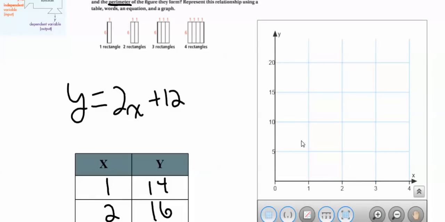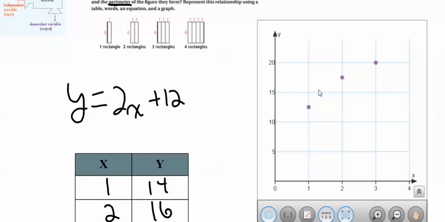So if I go to 1 comma 14, see there's 1 and then 14 is probably right there. And then if I did 2 comma 16, I went right there. And then I did 3 comma 18, something like that.